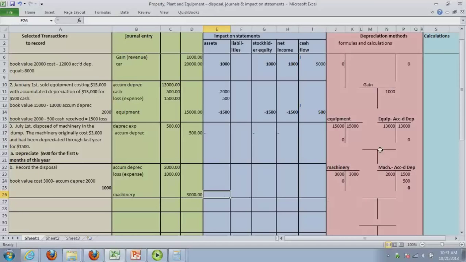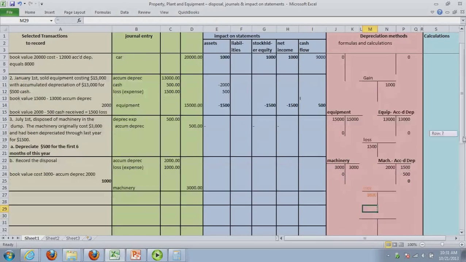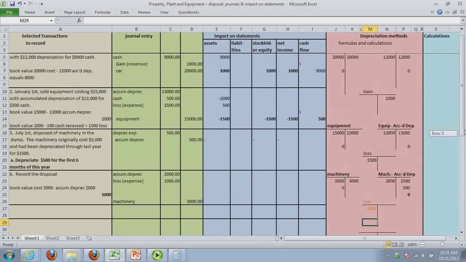I didn't really finish that part, but we had a loss from the first one, and you may simply lump the losses together. And this one also is a loss. We didn't receive anything for the asset, so the entire book value becomes a loss. So this has the same impact as the January 2nd.